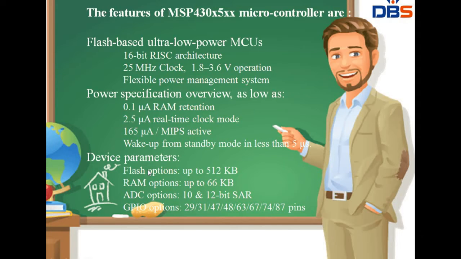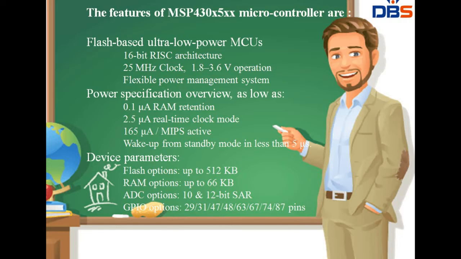And the device parameters: it has flash ROM extended up to 512 KB, RAM options up to 66 KB, A to D converter options of 10-bit and 12-bit, and general purpose IO pins ranging from 29, 31, 47, 48, 63, 67, 74 or 87, which means that based on usage these pins may vary.